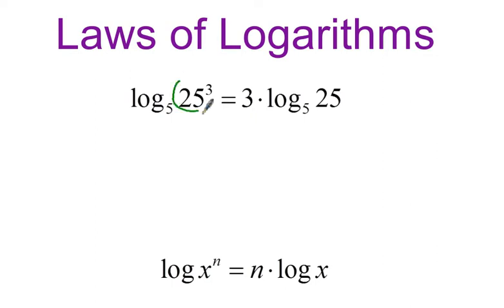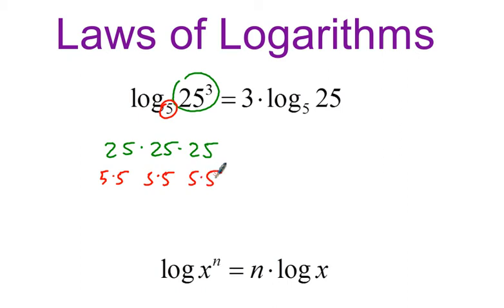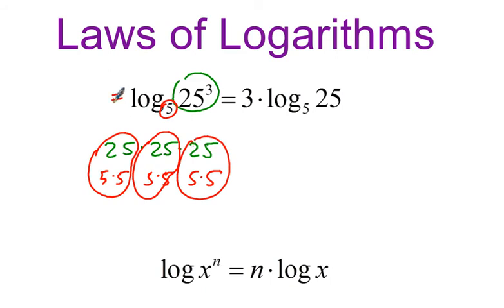So if I want to get to 25 cubed, which is 25 times 25 times 25, when I ask what's the log base 5 of that, I'm really asking how many 5s it takes to make that. So let's count. Here's the first 25, here's the second one, and here's the third. Okay, so we've got 2, 4, 6 5s altogether. So this value is 6.